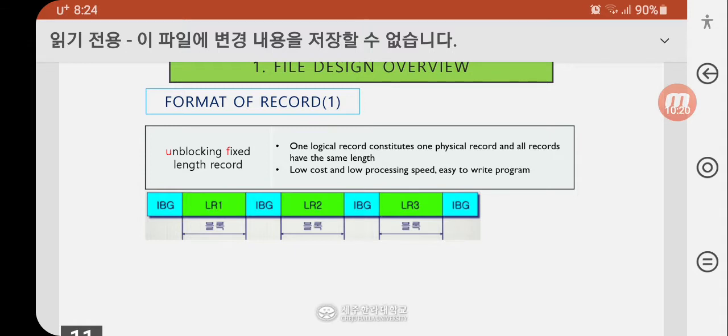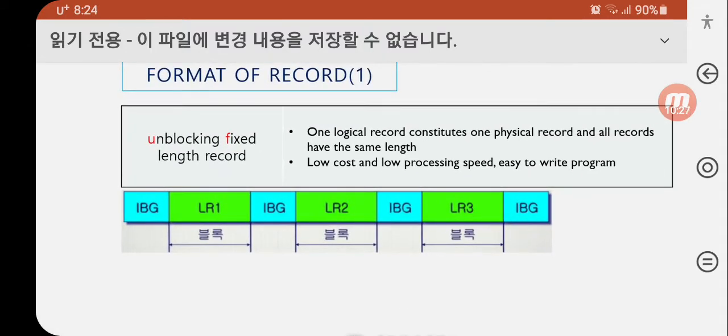This slide is about the format of record. First record format is unblocking fixed length record. One logical record consists of one physical record, and all records have the same length.